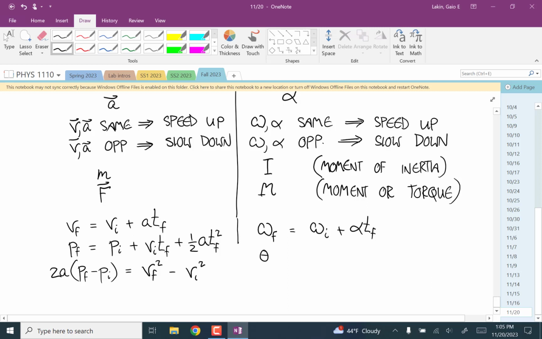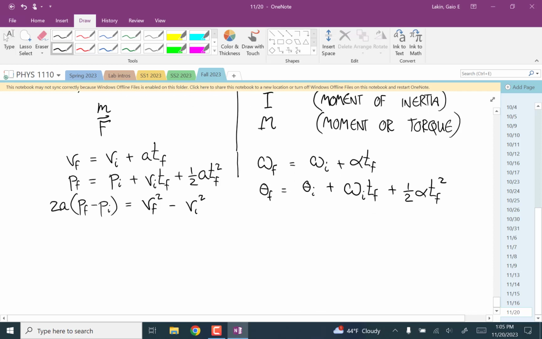And then theta, that's the angle final, is equal to the starting angle plus omega initial times t final plus 1/2 alpha t final squared. And then 2 times alpha times the quantity theta final minus theta initial is equal to omega final squared minus omega initial squared.